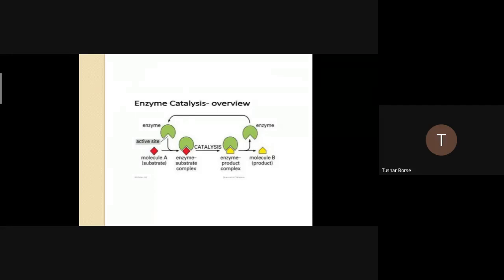This reaction is then catalyzed by the enzyme, and we get a product which is bound to the enzyme. After some time, after the formation of the enzyme product complex, the product is separated and the enzyme is released. It is not altered in this reaction. This is the function of the enzyme.